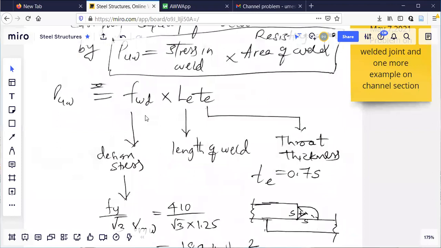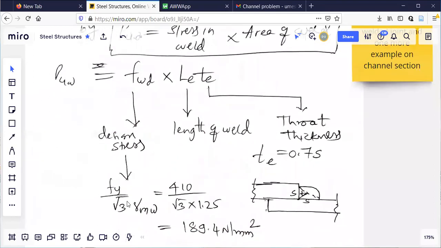See this: F_WD into stress into resisting area. F_WD is the design stress. Already I told you, it is on page number 74 of your code book. Just check it: Fy by root 3 into gamma mw. Fy is fixed, root 3 is fixed, and this value is 1.25 if the welding is done in the shop.